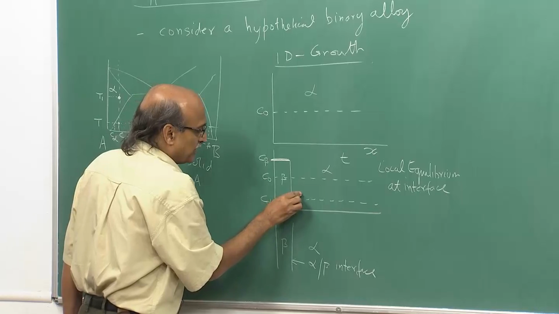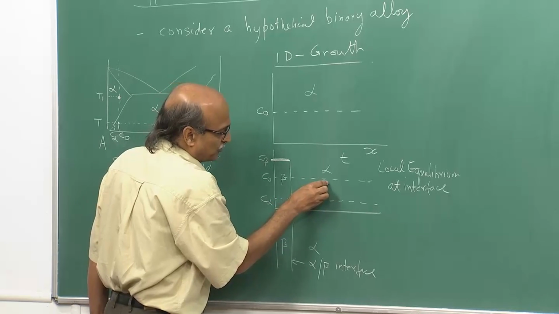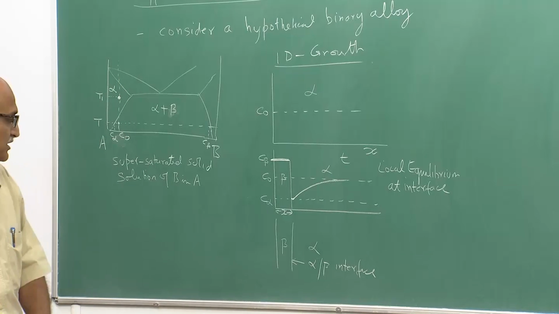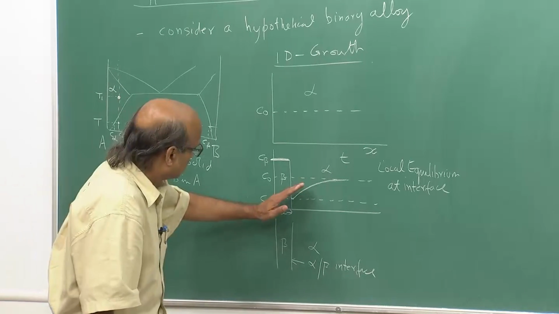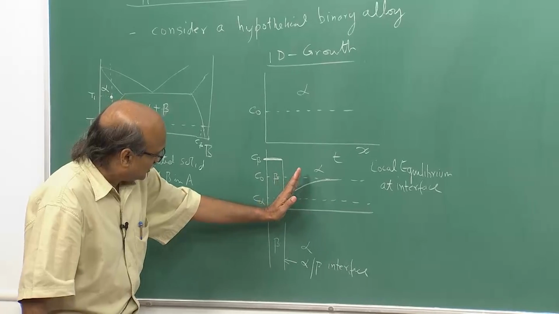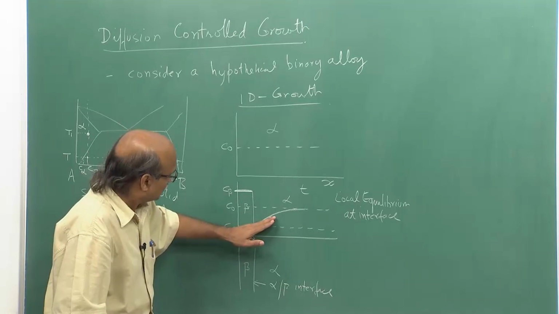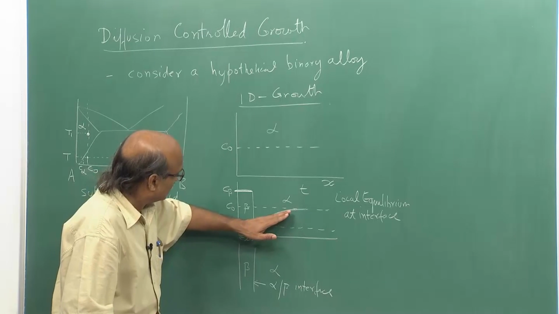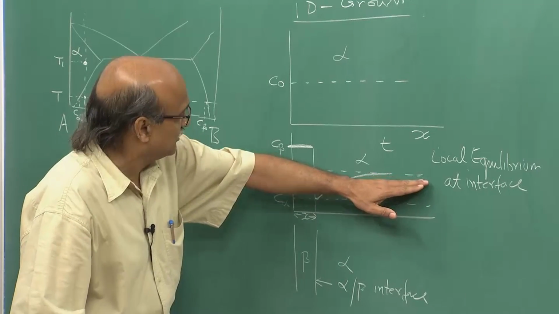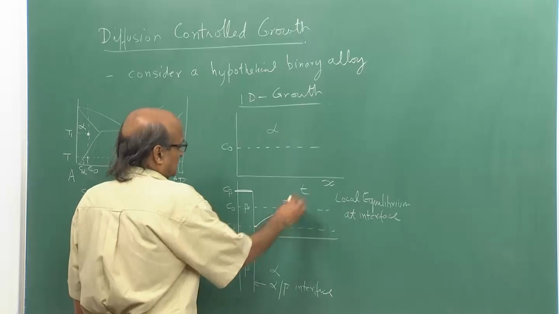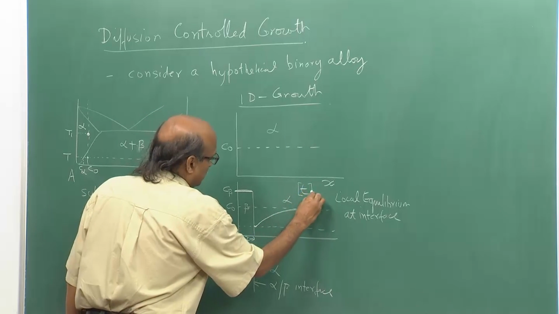So, hence the concentration profile within the alpha would be something like this. As one moves into the alpha away from the beta precipitate, the concentration inside the alpha would increase and reach the starting alloy composition of C naught. This is at some time t.